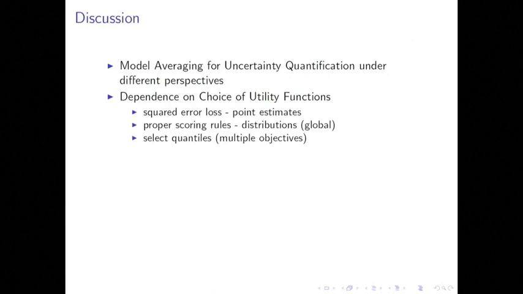So it might be something intermediate between just the unstable point estimates under squared error loss and the more global solution where we're trying to learn weights that are going to work well for both the center of the distribution as well as the extreme quantiles of the distribution.